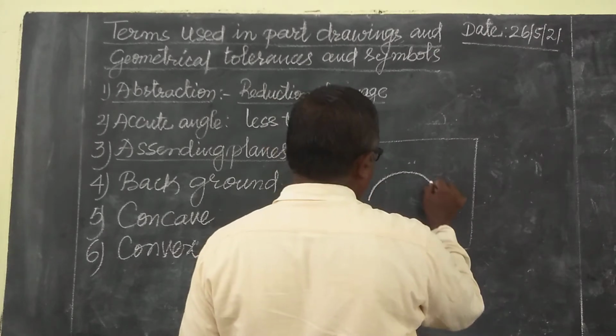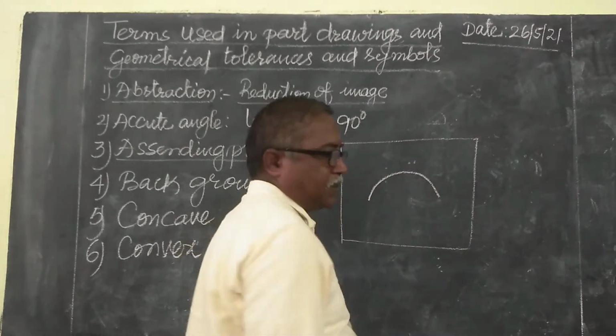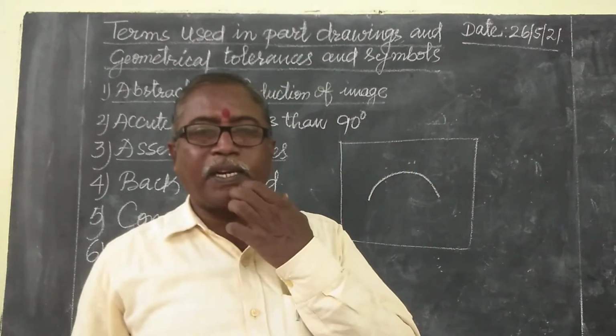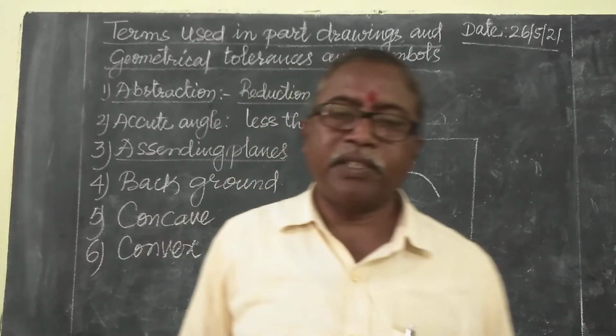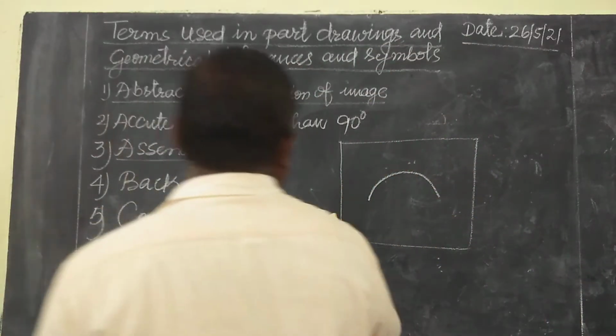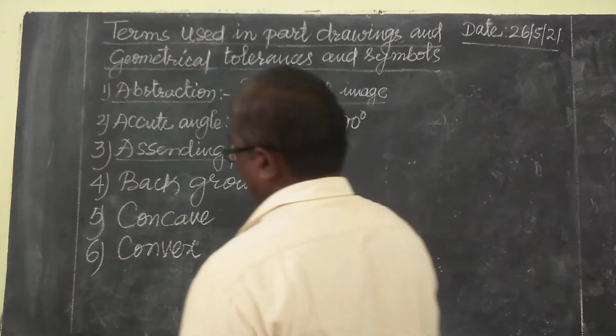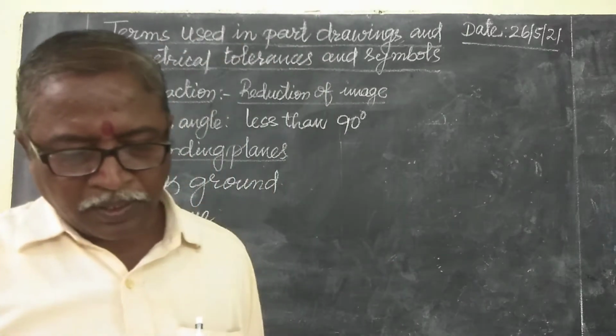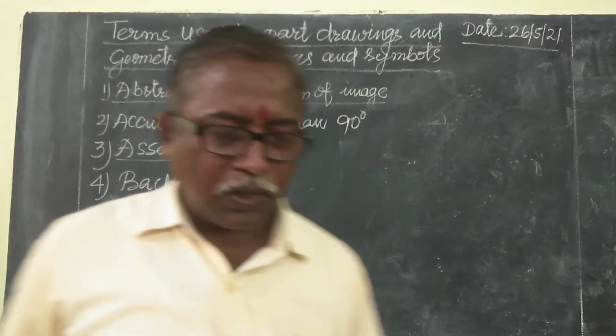Then this we can call convex. The radius form, external curvature, we can say the external curvature. That is convex. Sometimes we can also call it profiles. Then next, content.